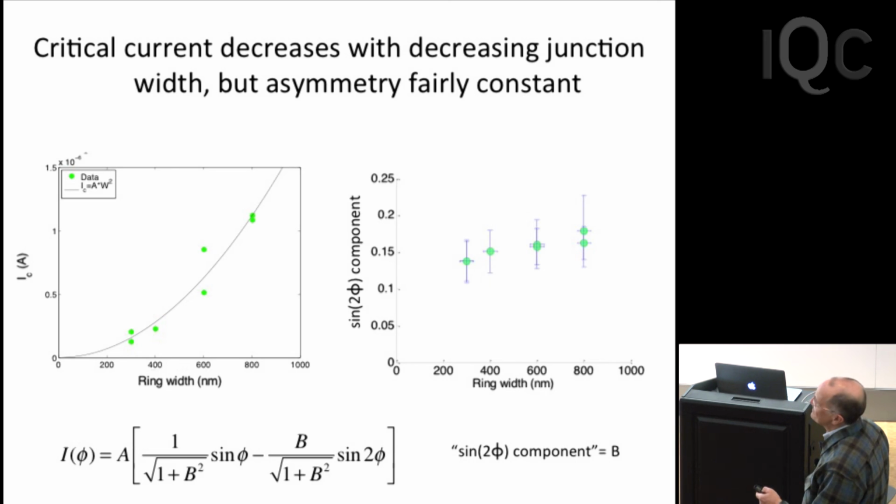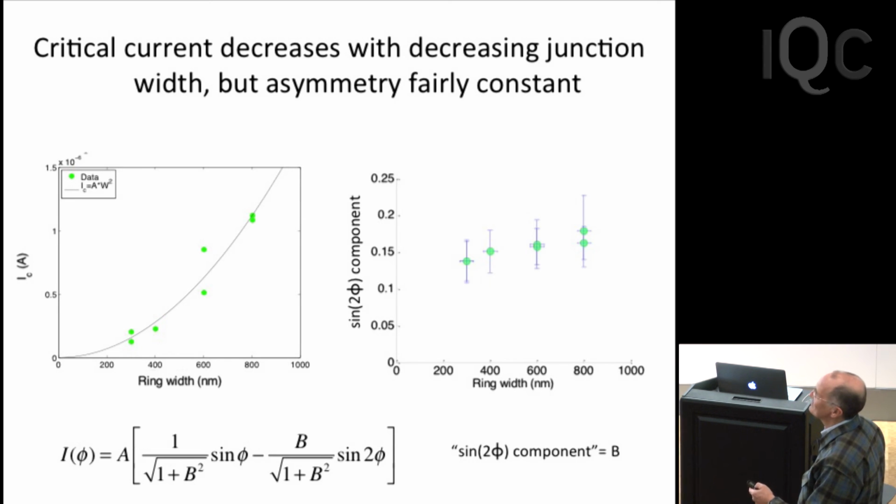What he found is that the critical current of these junctions increased as the ring widths increased, but not in a linear fashion. So I would have expected that as you went to thinner and thinner, less wide and less wide rings and junctions, that it would extrapolate to zero.